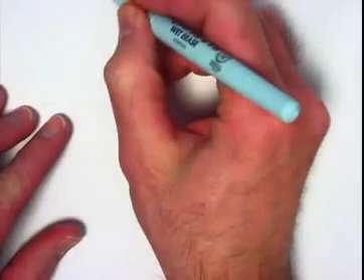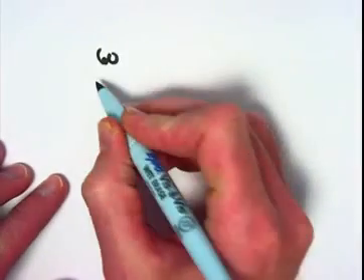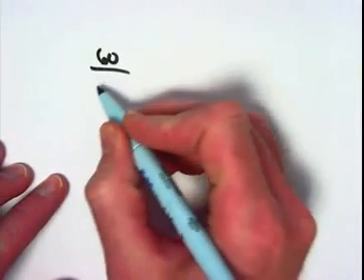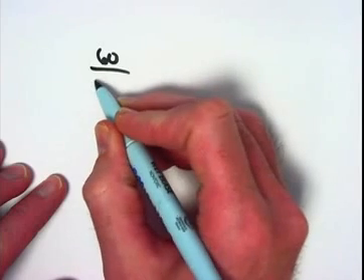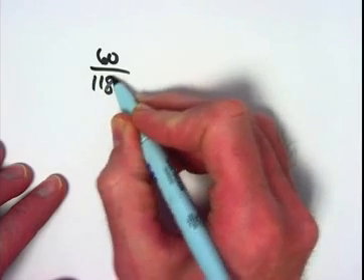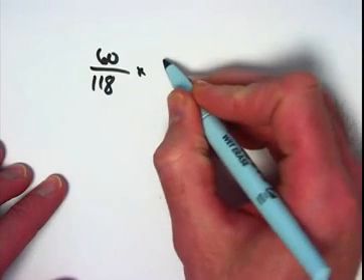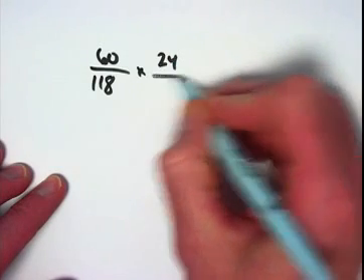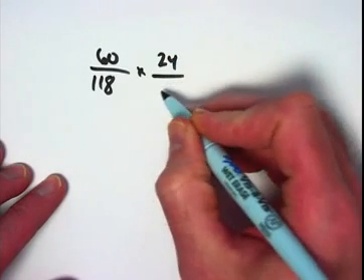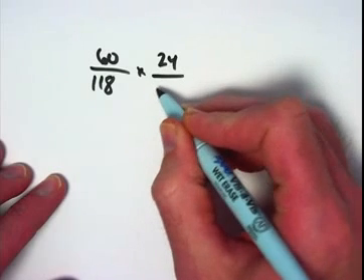Maybe if we've got something like 60 over, let's make it, I don't know, 118 times 24 over, let's say 27.